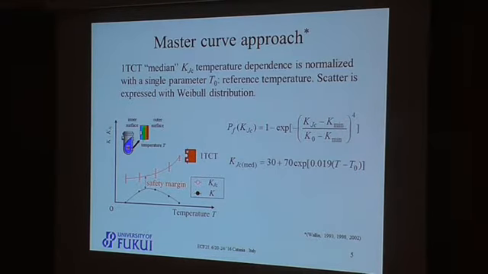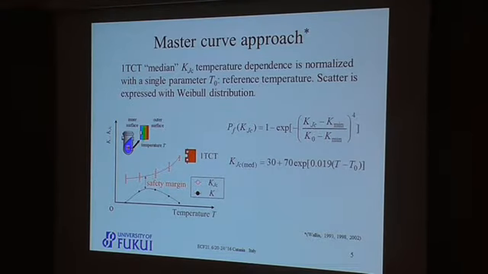The procedure is based on a concept that the normalized curve of a median fracture toughness in terms of KJC for 1T specimen, 25 millimeter size specimen, versus temperatures is applicable to a wide range of ferritic pressure vessel and structural steels.